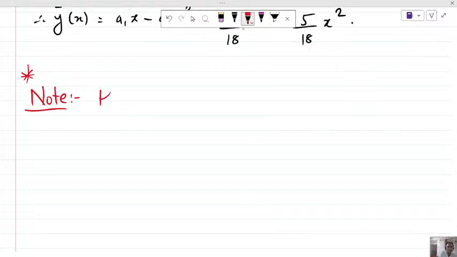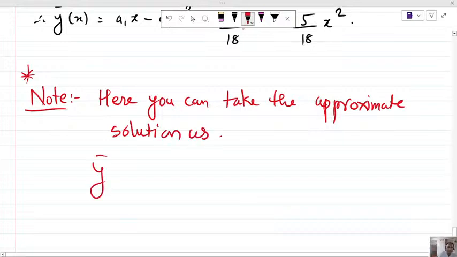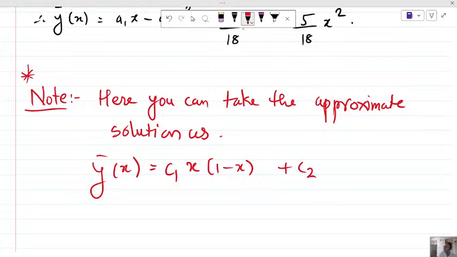Note here, you can take the approximate solution as y bar of x is equal to c1x into 1 minus x plus c2 x square into 1 minus x. This also can be your solution.